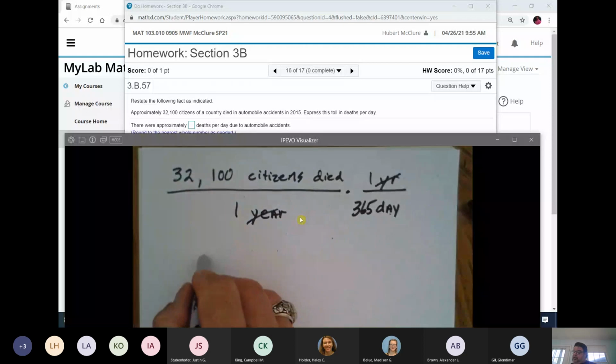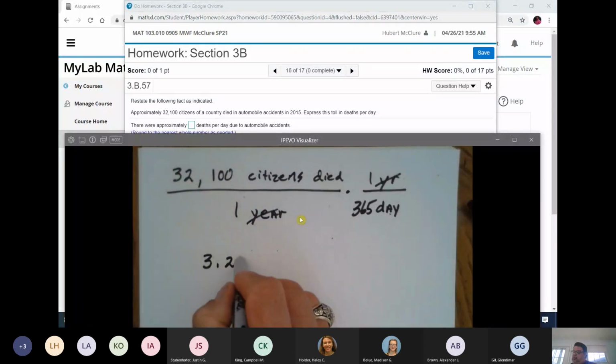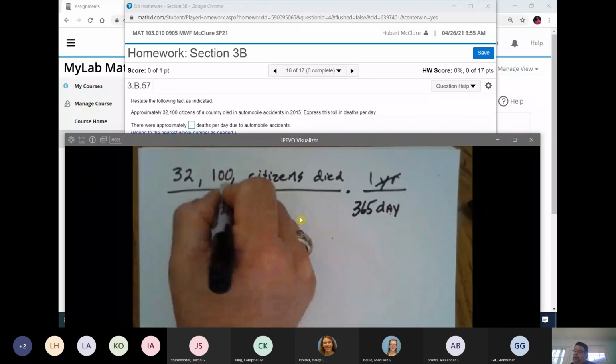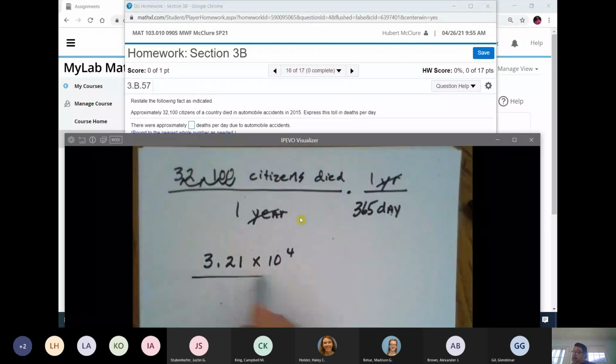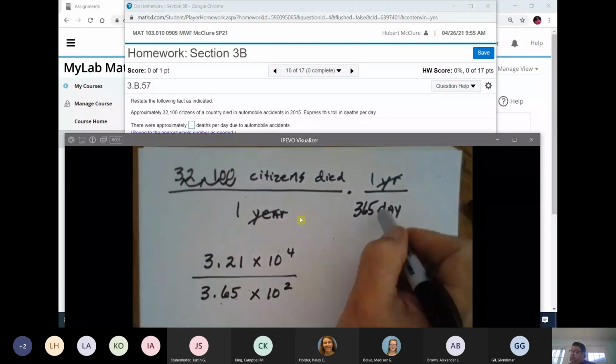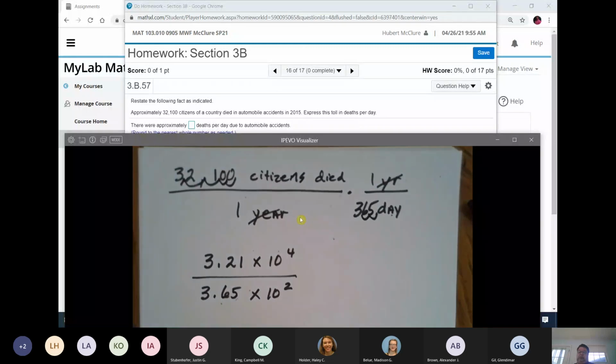So it'd be 3.21 times 10 to the 4th, divided by 3.65 times 10 to the 2nd. So this is an example of what I was talking about with division by scientific notation.